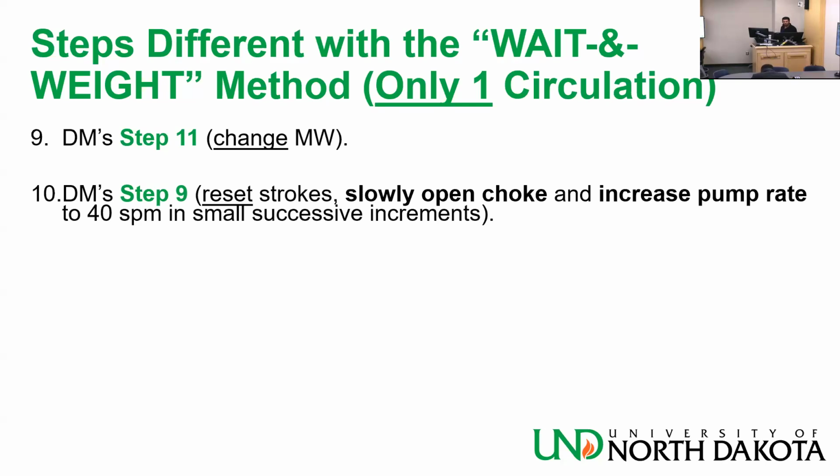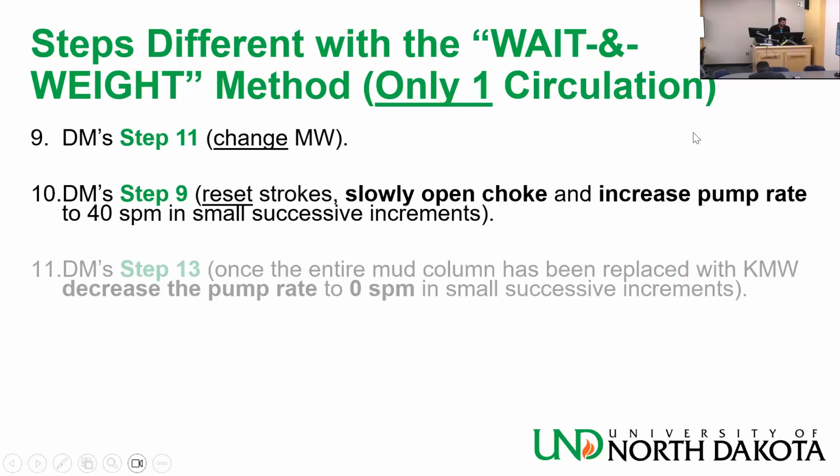Reset stroke, slowly open choke, and increase pump rate to 40 SPM in small successive increments. Notice that you first open the choke, and then you increase pumping. Increase choke, increase pumping. I think in the video, the first time I did it wrong. I just noticed it today.